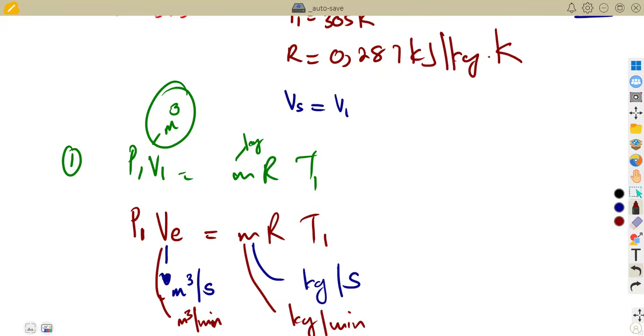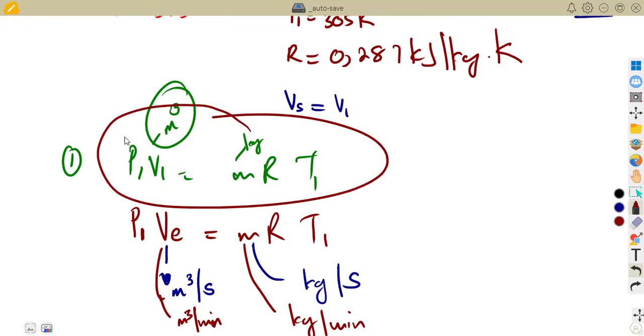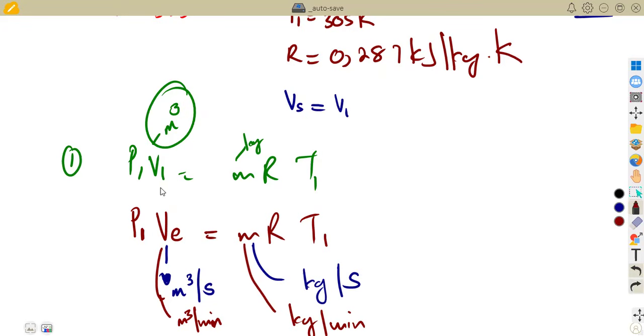So when the question is asking you to calculate the mass per cycle, it wants you to use this formula. There are no units there like per time, per second. You take it that way. We use V1. If there is no clearance, this V1 is equal to the swept volume.